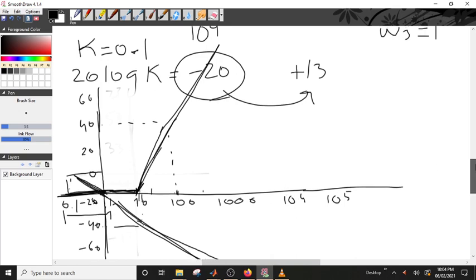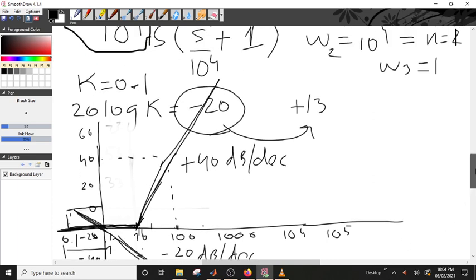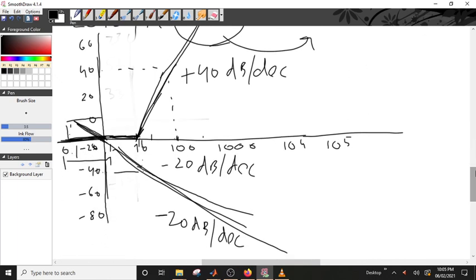Now we have to draw the third line. It was a 0, so we draw it as positive, plus 40 dB per decade, right? And the other line was minus 20 dB per decade. Now we have to handle this other thing, whose break frequency is omega 2 at 10 power 4. We keep things 0 until we hit the break frequency.